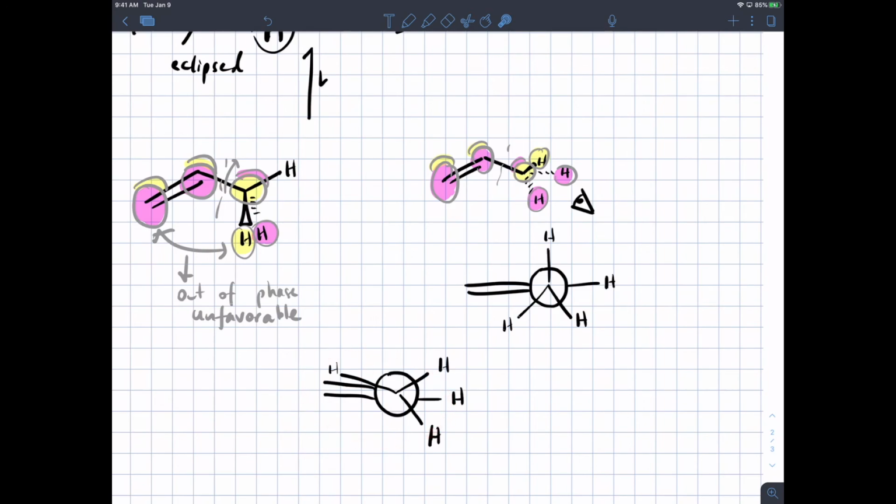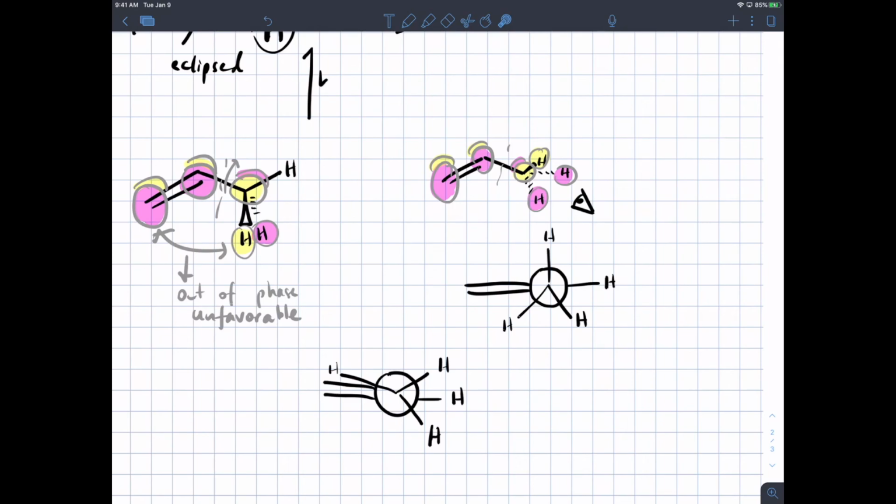Kim, it's possible that what you're saying is that the πCH3 we've drawn here is not as good at overlapping with this π as it is with the other one that's in the plane of the molecule. Though the two πCH3s are degenerate, so I think it has to be the same either way.